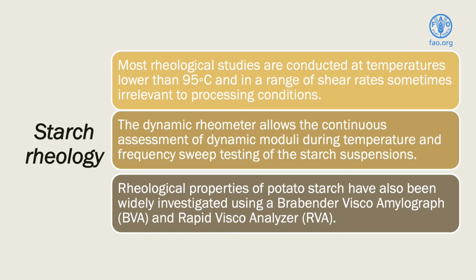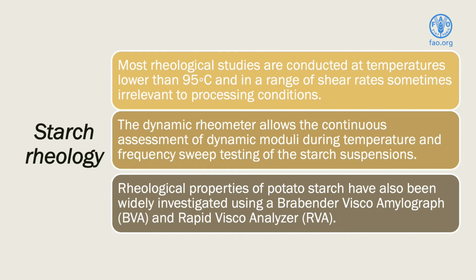Starch rheology next. Most rheological studies are conducted at temperatures lower than 95 and in a range of shear rate sometimes irrelevant to processing condition, and a dynamic rheometer allows continuous assessment of dynamic modulus during temperature and frequency sweep tests of the starch suspension.